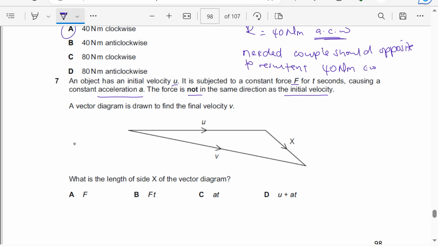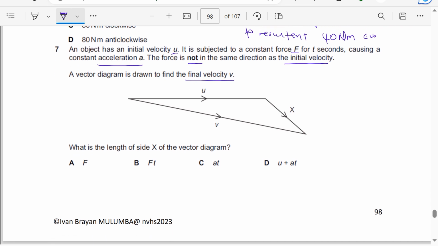A vector diagram is drawn to find the final velocity v. Okay, so v is the final velocity. What is the length of side x of the vector diagram?